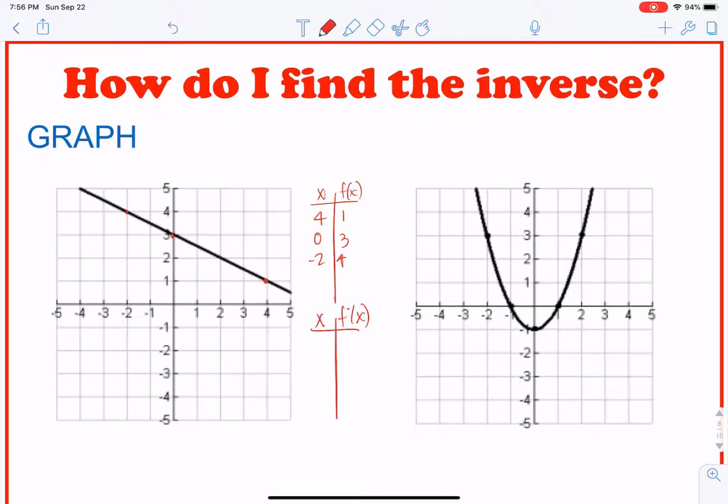And I can go ahead and plot these, but by doing the opposite. You can see as I'm filling in this table. So over 1 and up 4, over 3 and up 0, over 4 and down 2. And I can go ahead and connect my values here.